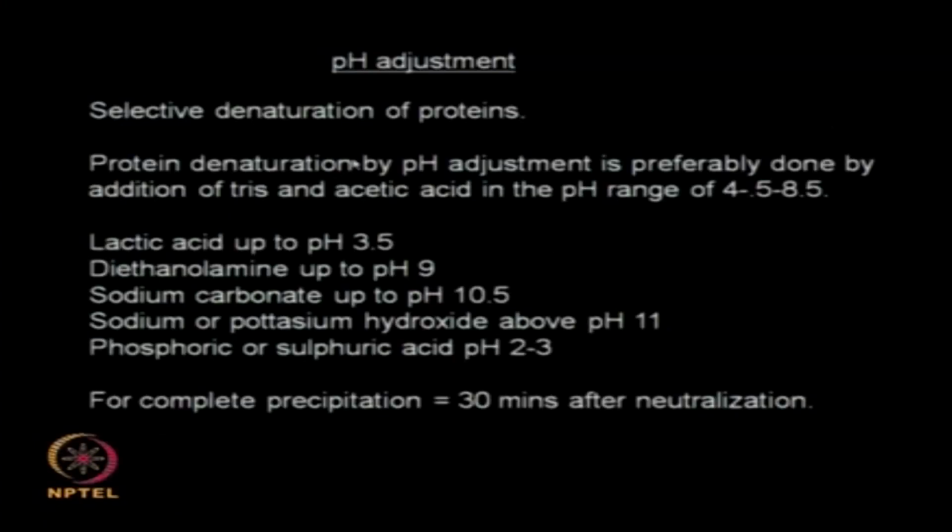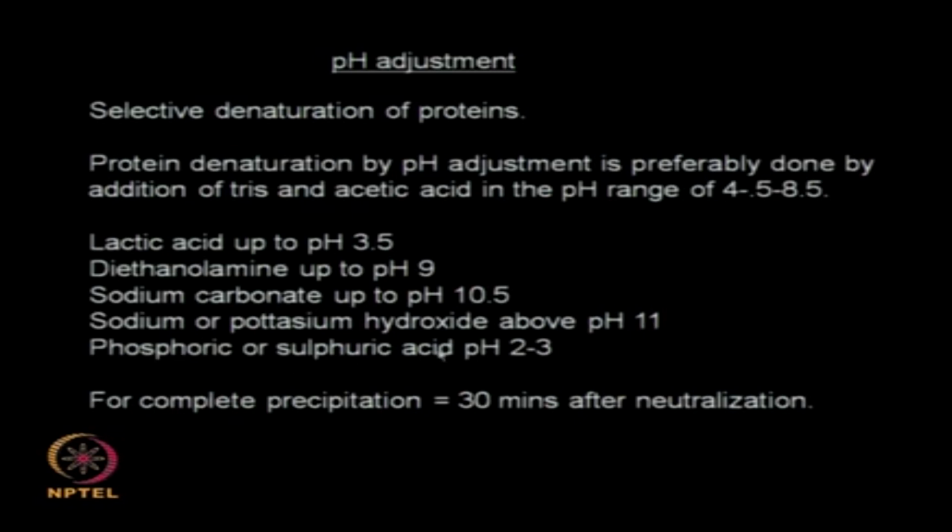So we can add acetic acid in the pH range of 4.5 going right up to 8.5, okay, and we can add lactic acid up to a pH of 3.5. We can use diethanolamine especially in the alkaline pH. We can add sodium carbonate up to pH of 10.5, sodium or potassium hydroxide going up to very large pH 11.